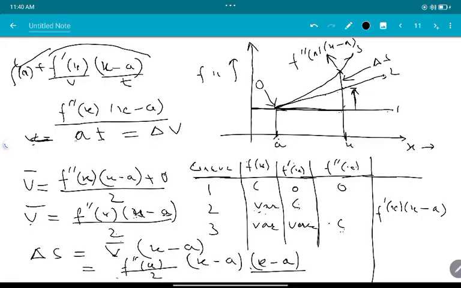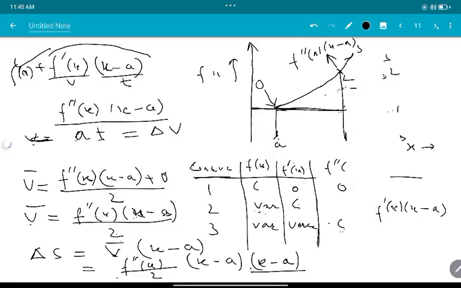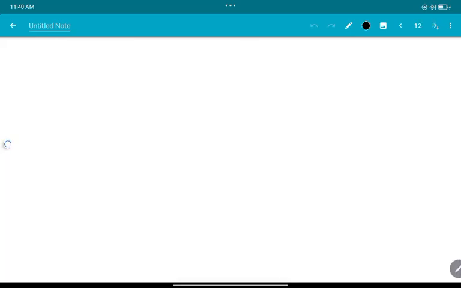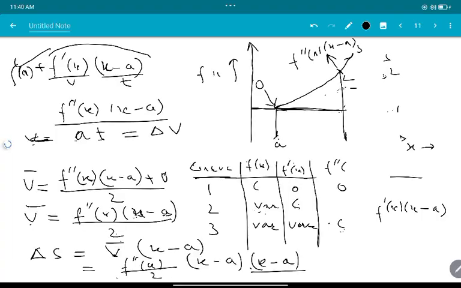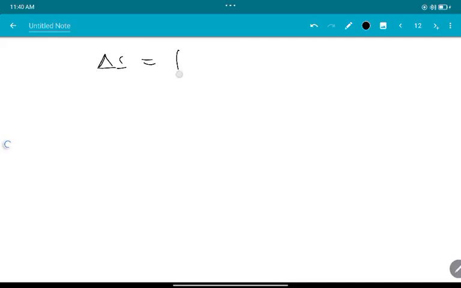So this is the additional distance. Additional distance delta s is f double dash a by 2 into x minus a into x minus a.